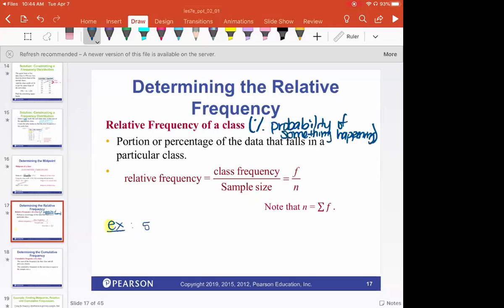If I have 5% and I want to write it as a decimal, I move the decimal point to the left, 1, 2, that's my new decimal. So it'd be 0.05. Well, this would be the relative frequency.